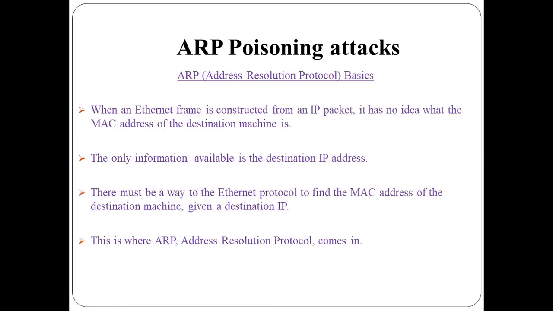And when an Ethernet frame is constructed from an IP packet, it has no idea what the MAC address of the destination is. We definitely have the IP address, but if we do not send the ARP request packet, we will not have knowledge about the MAC address of the targeted device. So this is where ARP comes into the picture.